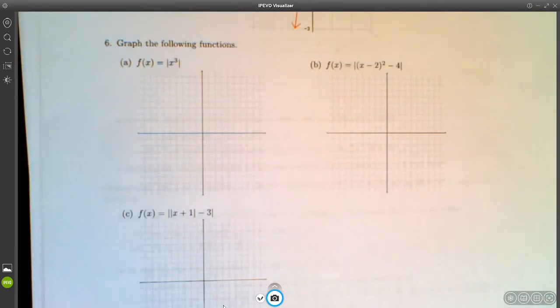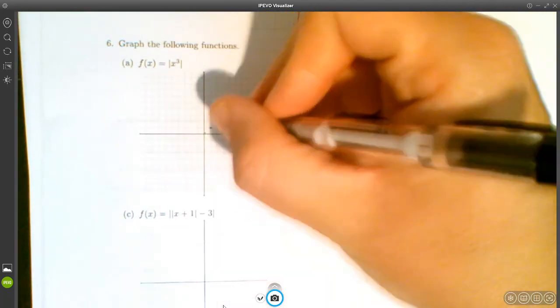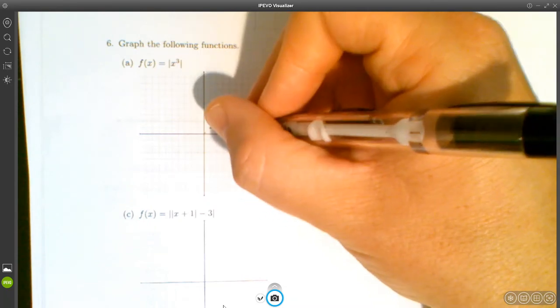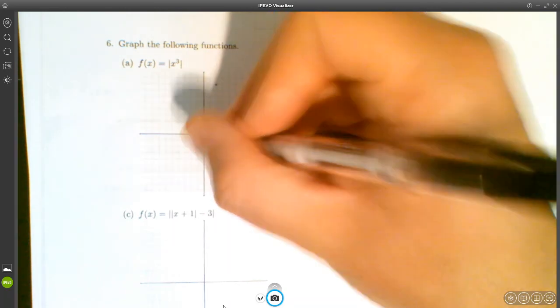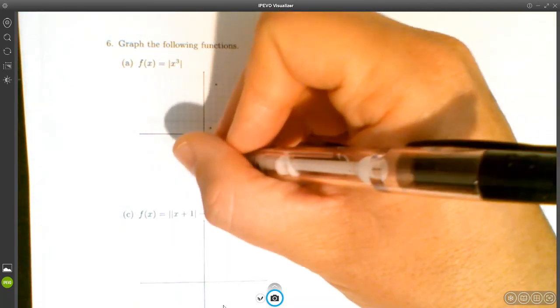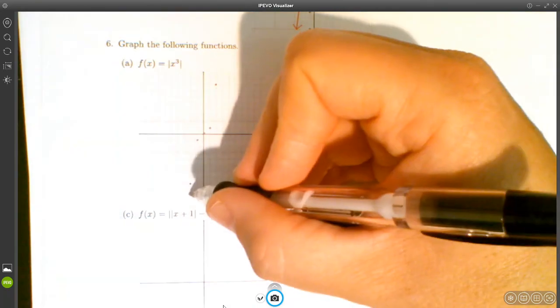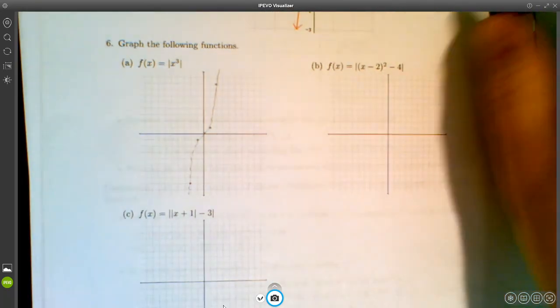So let's practice some more. Let's graph f of x equals absolute value of x cubed. First of all, x cubed goes through 0, 0, 1, 1, 2, 8, and negative 1, negative 1, negative 2, negative 8. So this is what x cubed looks like, but we want to graph absolute value of x cubed.